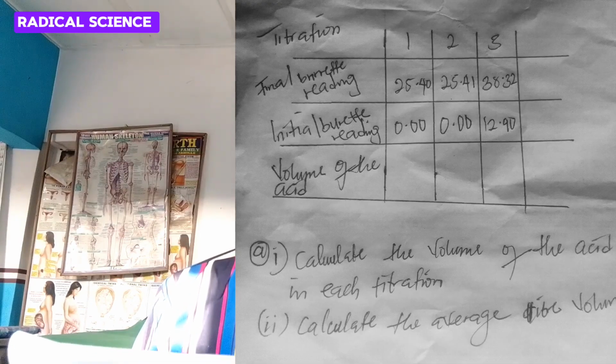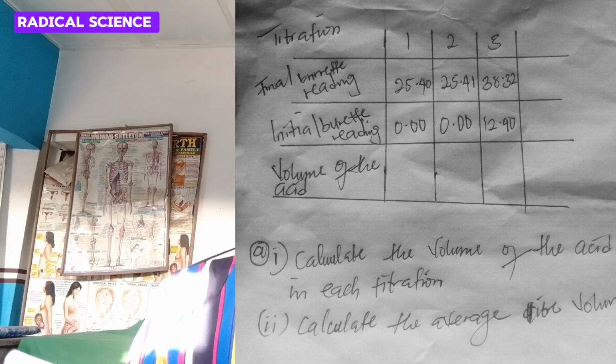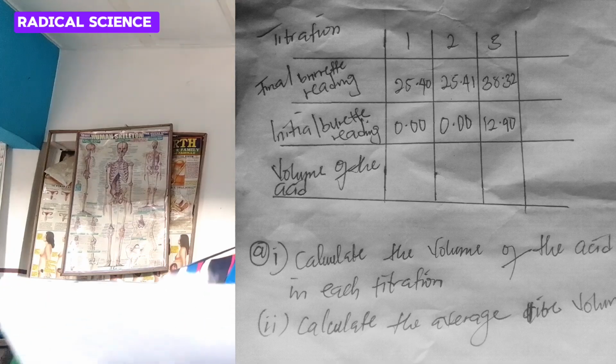Under the initial burette reading, we have 0.00. Now under the final in third titre, we have 38.32. Then the initial burette volume, we have 12.09. So here they say calculate the volume of the acid used in each of the titrations.